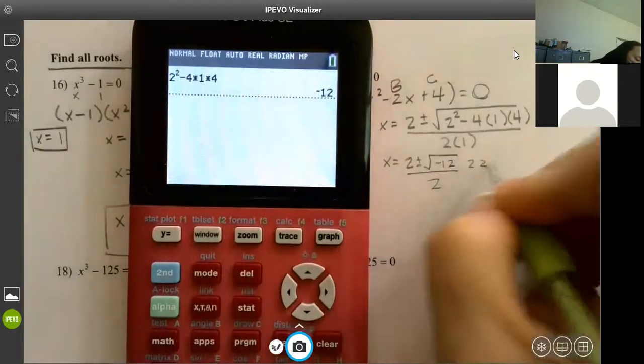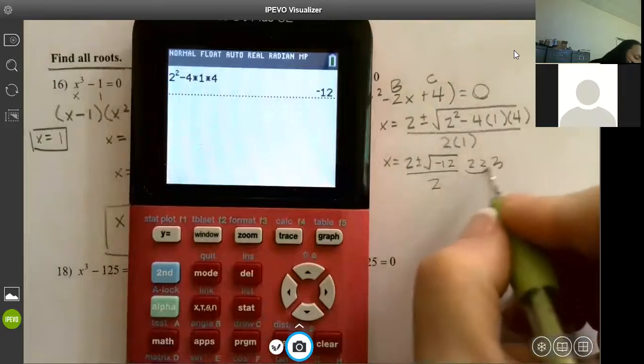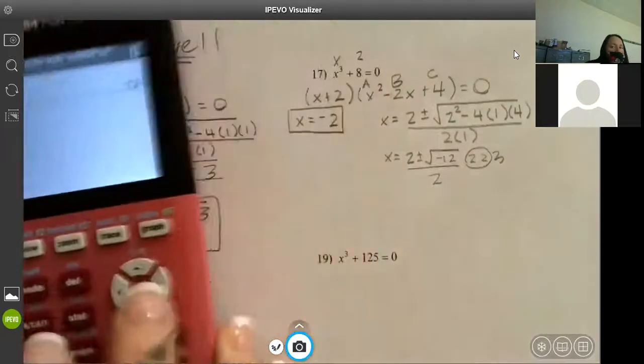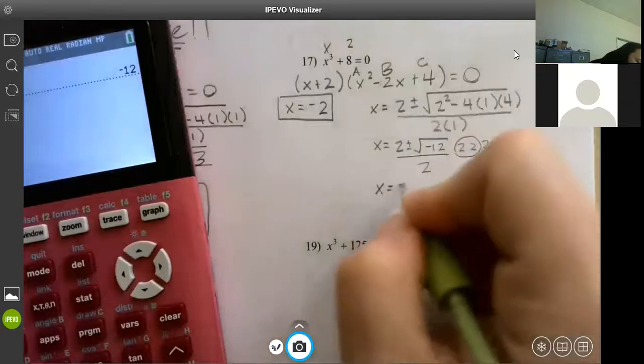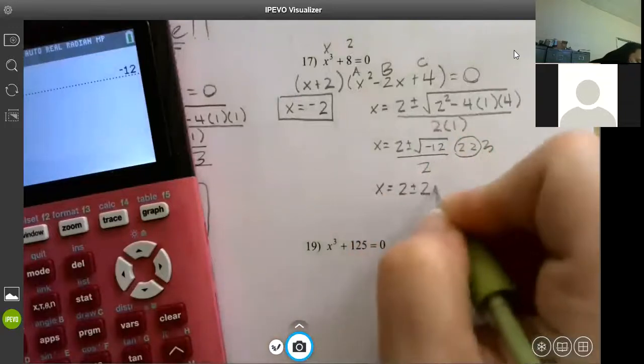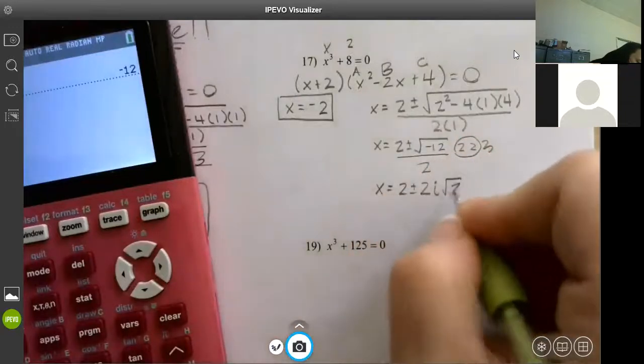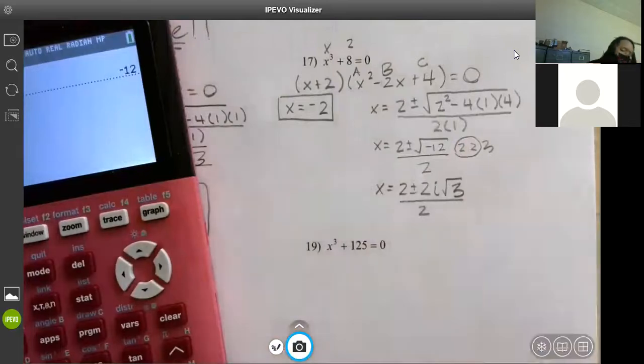12 is 4 and 3, or 2, 2, and 3, which means I have a pair of 2's. Don't forget it's a negative, so I'm pulling out the 2 as well as the i, leaving the 3 divided by 2.